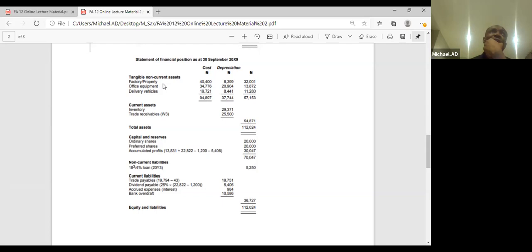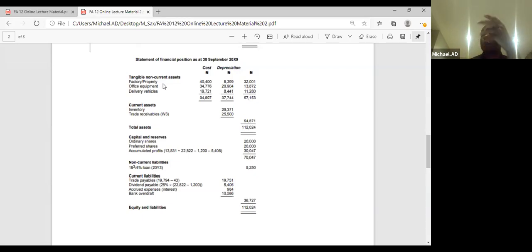And remember when we were solving incomplete record, I told you that our asset is equal to liability plus equity. Then we now say that our equity is equal to asset minus liability. Asset minus liability is known as net assets. So in other words, our equity is always equal to our net assets.